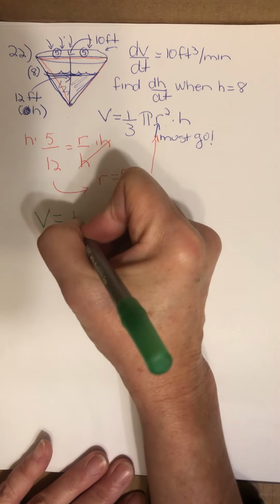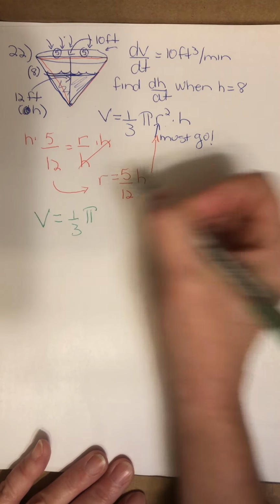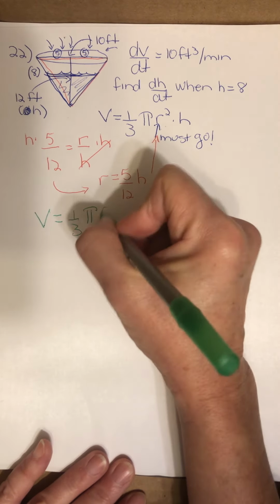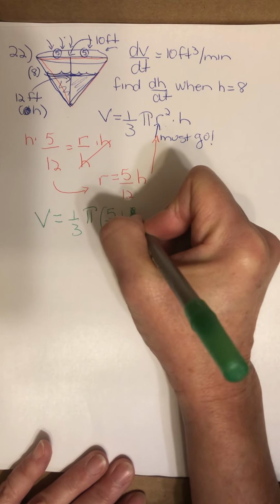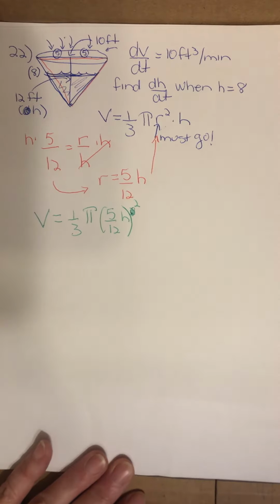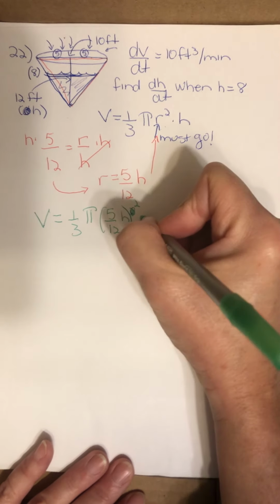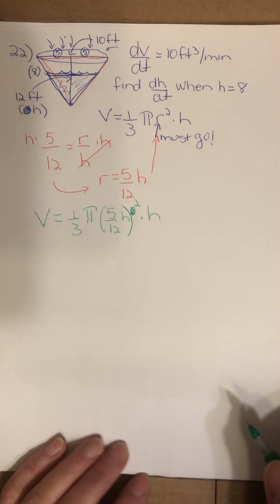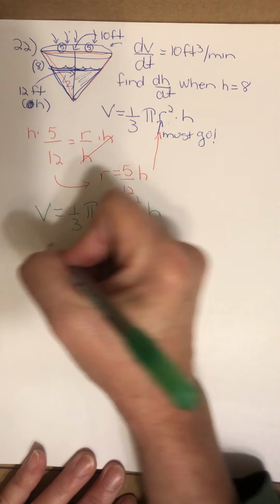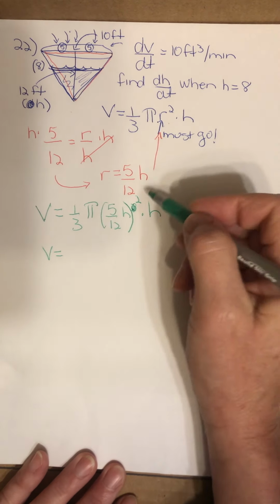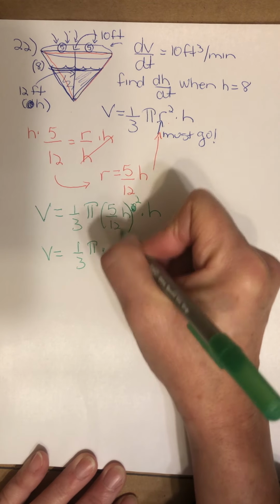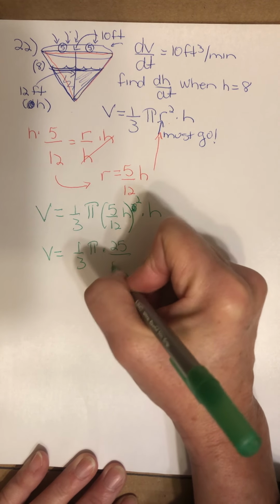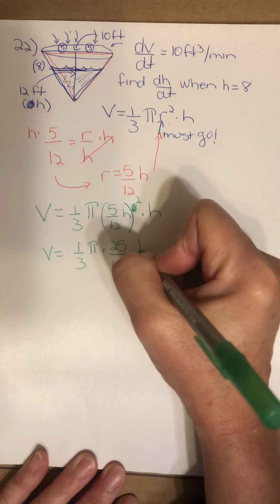So the volume is 1/3 π, my r squared is (5/12 h) squared on the outside. There you go, (5/12 h) squared times h. Okay, let's fix that up a little bit. The volume is 1/3 π times 25 over 144 h cubed.